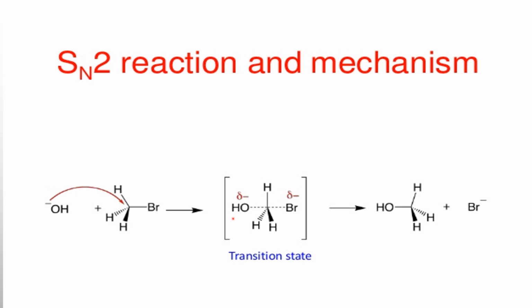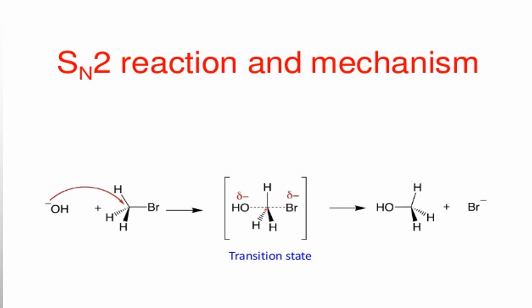Now after attack of the nucleophile, a partial bond between carbon and oxygen is formed here, and the bond between carbon and bromine is partially broken. As the percentage of C-O bond increases, the percentage of C-Br bond decreases. Here both OH and bromine carry partial negative charges, that means delta minus charges, whereas this tetrahedral carbon atom is the electrophilic carbon which carries partial positive charge.